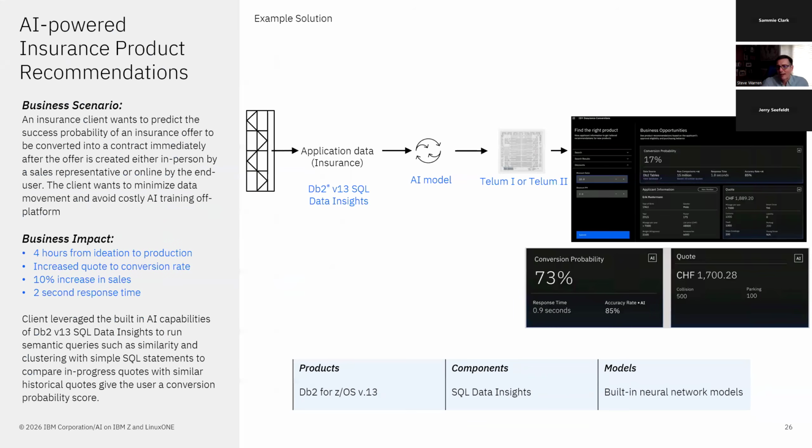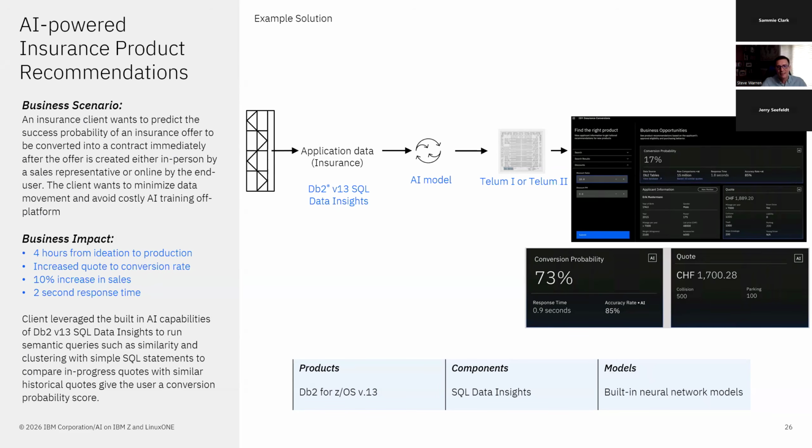Then we have product recommendations. This is a well-known example. This is actually a client that has a public reference. The company's name is Swiss Mobiliar. They're one of the oldest insurance companies in Europe. They were not happy with the product recommendations they were trying to give to their clients to upsell them an enhanced insurance product.